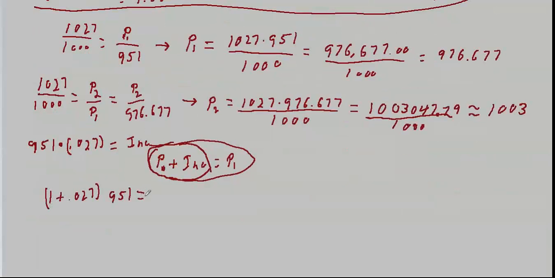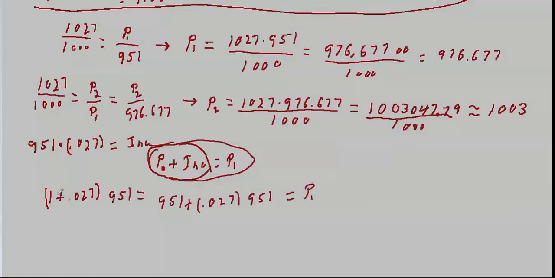What's that going to equal? 1 times 951 is 951, and then 0.027 times 951. Like up here, this would have been 951 here. And the increase, 0.027 times 951, and that equals our new population. That's population number 1.